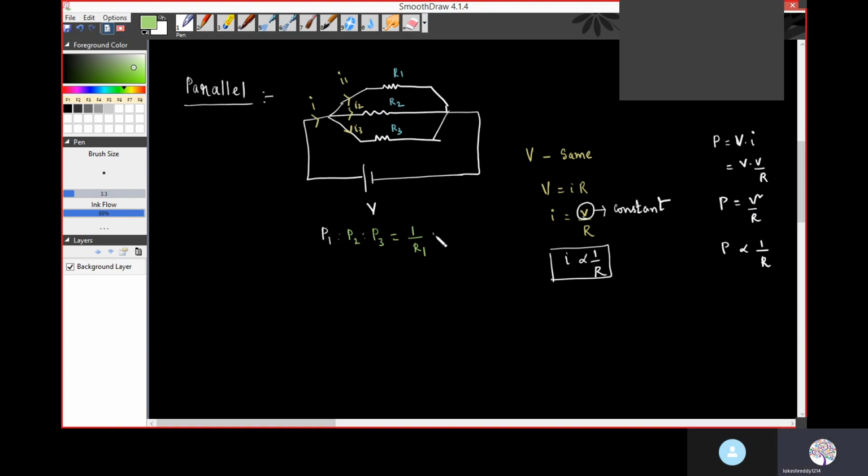The power consumed is in the inverse ratio of their resistances.